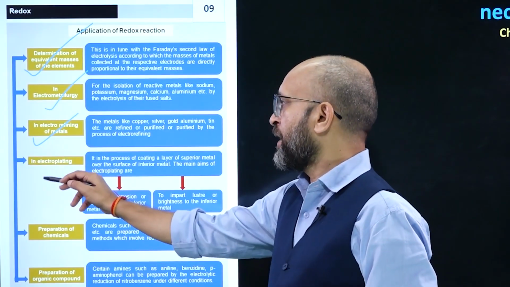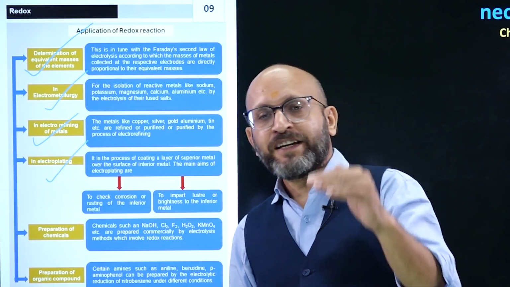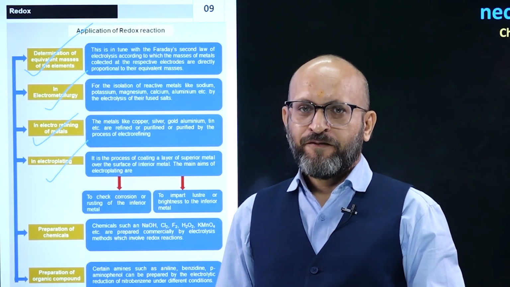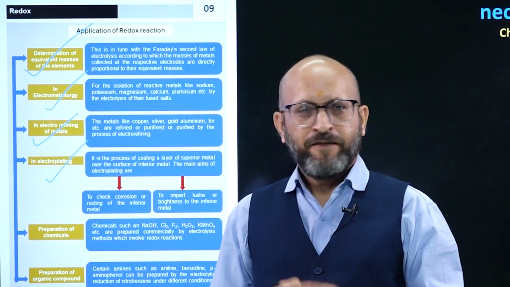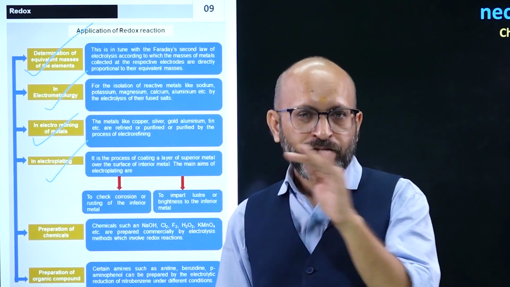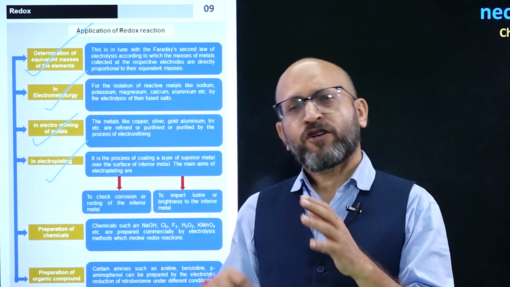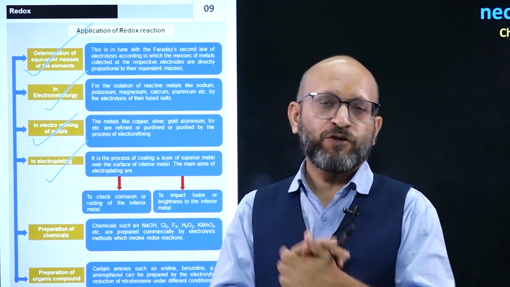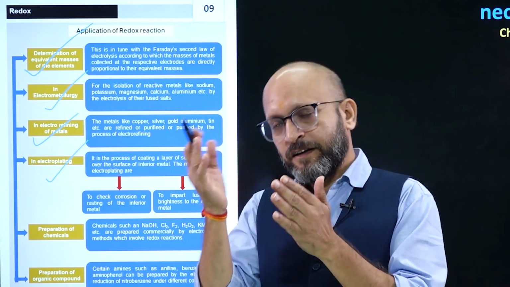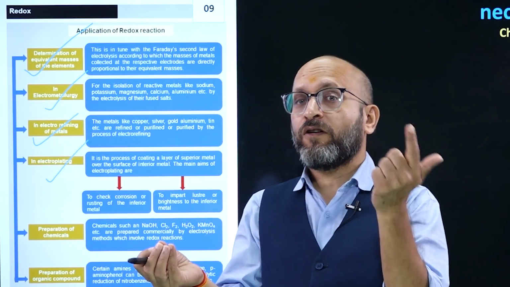Next, electroplating. Electroplating is basically coating of a superior metal on an inferior metal. For example, you must have seen women getting their silver jewelry electroplated with gold, or a copper utensil with a coating of silver. So you can coat silver on copper and gold on silver.